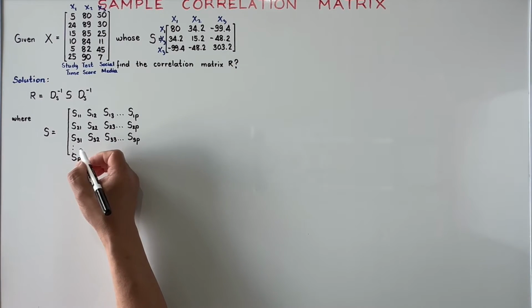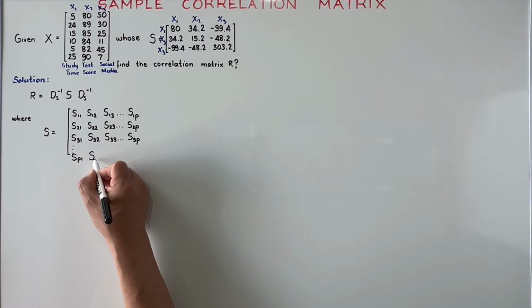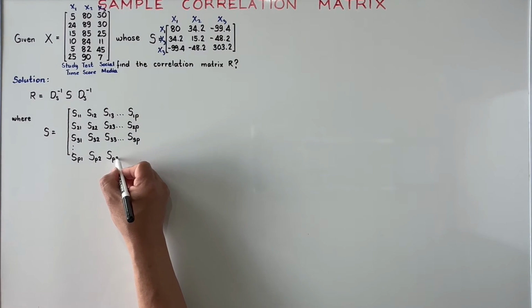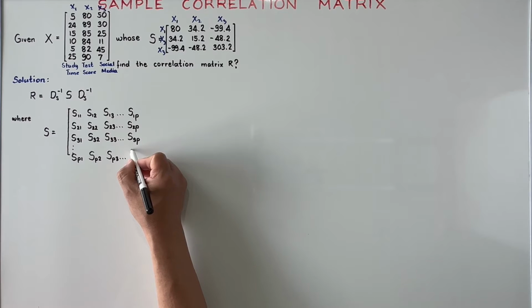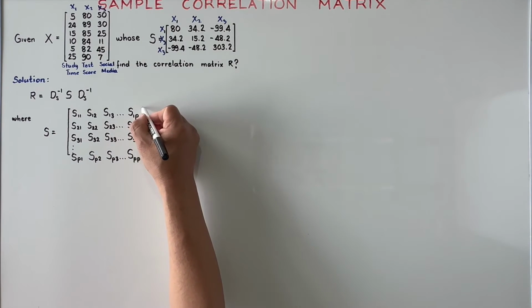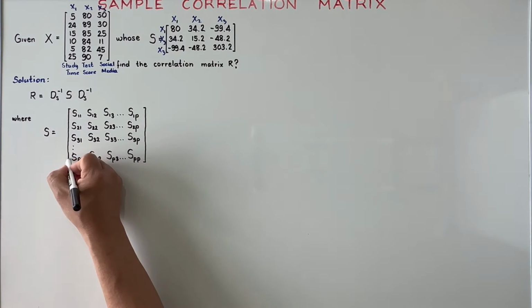This is the covariance between the pth variable and the first variable, the covariance between the pth variable and the second variable, the covariance between the pth variable and the third variable, and so on until you reach the covariance between the pth variable and itself. So this is our sample covariance matrix.